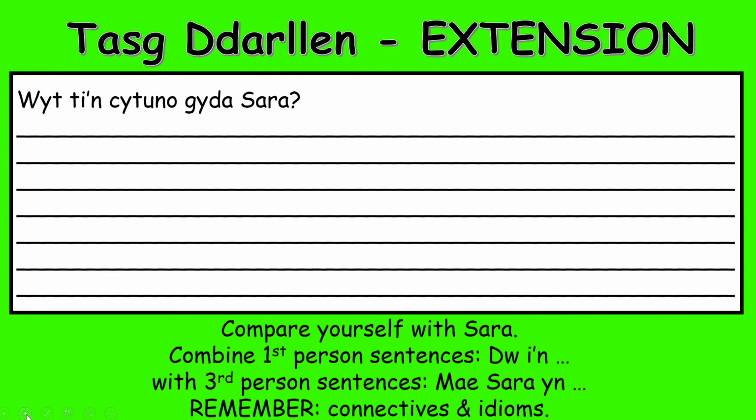Iawn ten. Moving on now to the extension task. This is a GCSE style question. The question is, wyt ti'n cytuno gyda Sarah? Do you agree with Sarah? Now we need you to remember to respond using full Welsh sentences, taking evidence from the text, and you're going to be combining the first person sentences which begin with dwi'n meddwl bod, dwi'n ailgylchu, dwi'n hoffi, or dwi ddim, together with maybe something such as yn fy marn i.